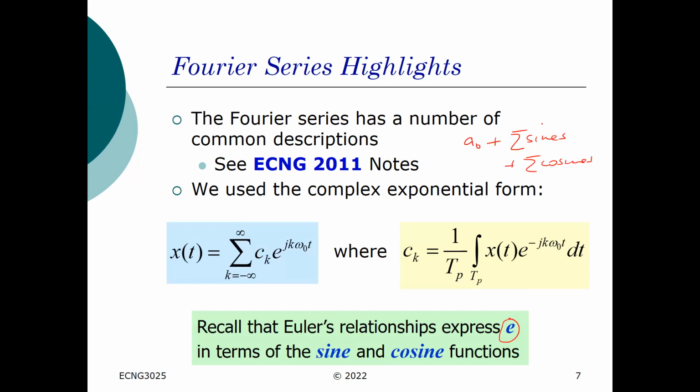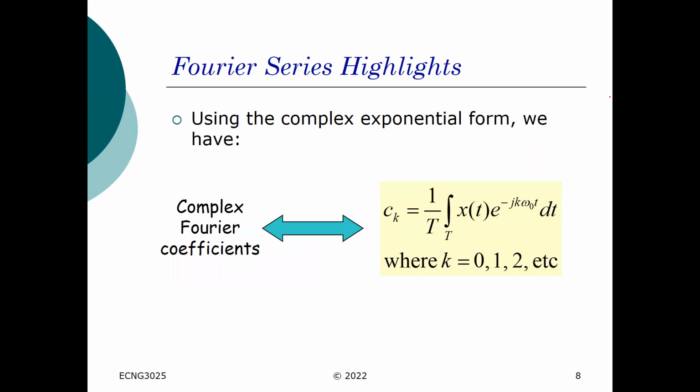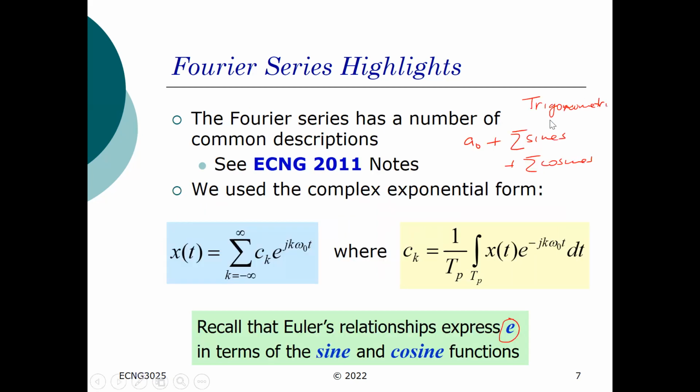So we were able to go from this form, which is what we call the trigonometric form of the Fourier series to something called the complex exponential form, which looks like this, which is quite compact.